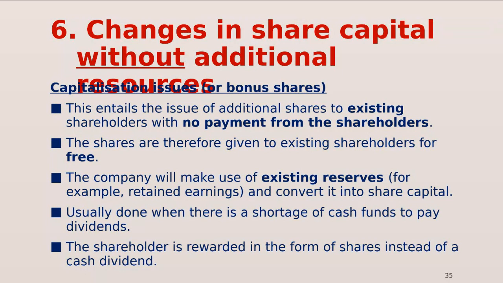Therefore, the ratio between issued and authorized will change. Okay? So that's the difference. So basically what happens with a capitalization issue is we say to the holders of ordinary shares or whatever type of share it is, if you're holding 1 share or 10 shares or however many shares, we're going to give you an extra bonus share.